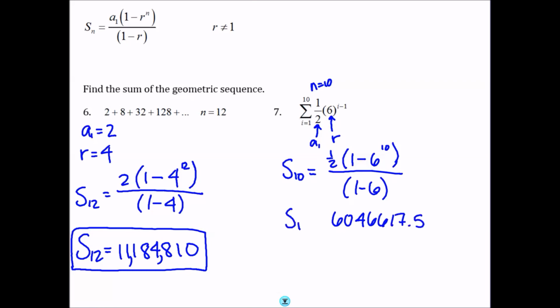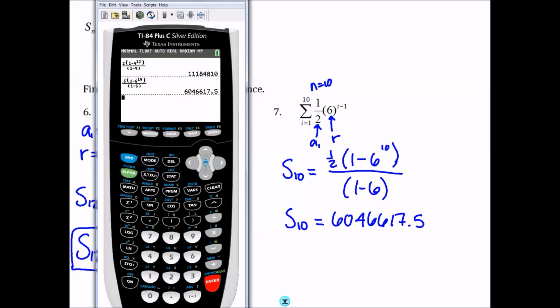And that is our sum. We can double check that using the summation function on the calculator. The problem uses the variable I, but as long as you are consistent with the variable you're using, you can use whatever letter you choose.